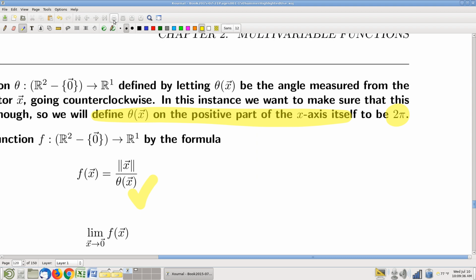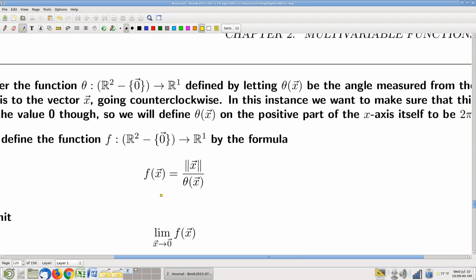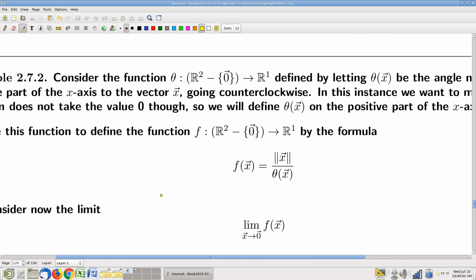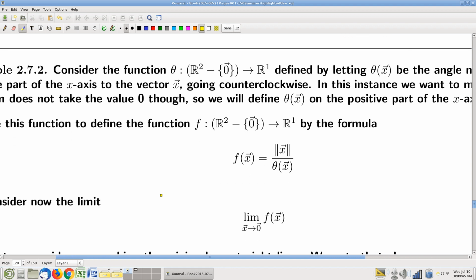So, a well-defined function. It doesn't even seem that strange. It's hard to draw a picture of this function, but let's think about it a little bit. In particular, I want to look at the limit as I approach the origin. Of course, the function's not defined at the origin. No problem. We're not responsible for it being defined at the origin.